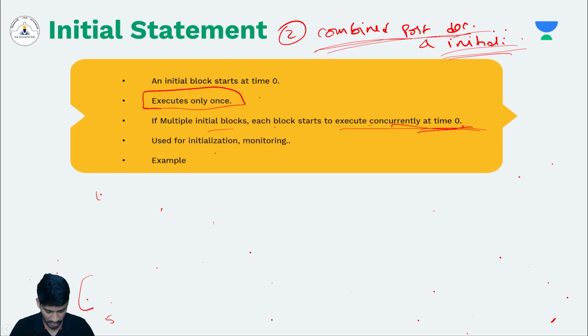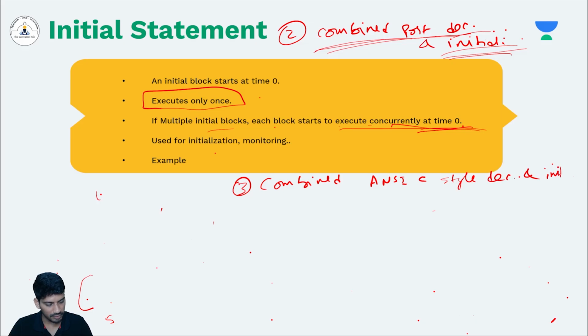But in the third case, what is called combined ANSI C style declaration and initialization, here I am declaring the ports as well as initializing inside the module itself.